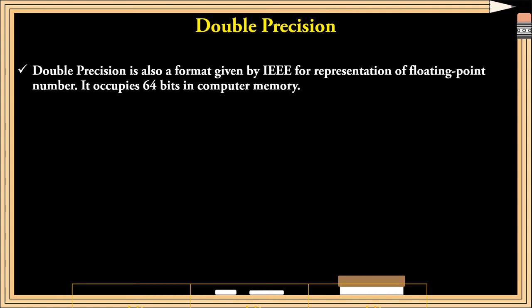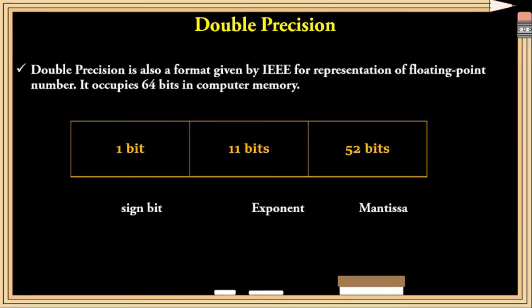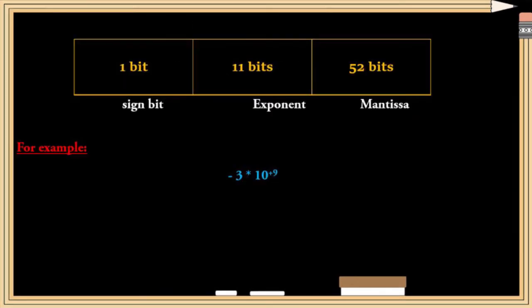Whereas in double precision, the main difference is that it occupies 64 bits in computer memory, where it holds 1 bit for the sign bit, 11 bits for the exponent and 52 bits for the mantissa. For example, minus 3 into 10 to the power plus 9.